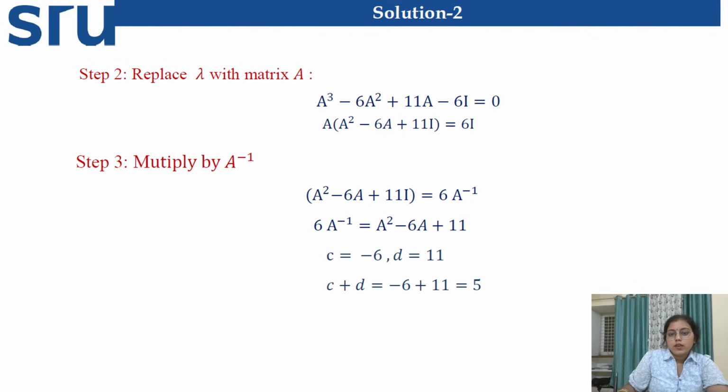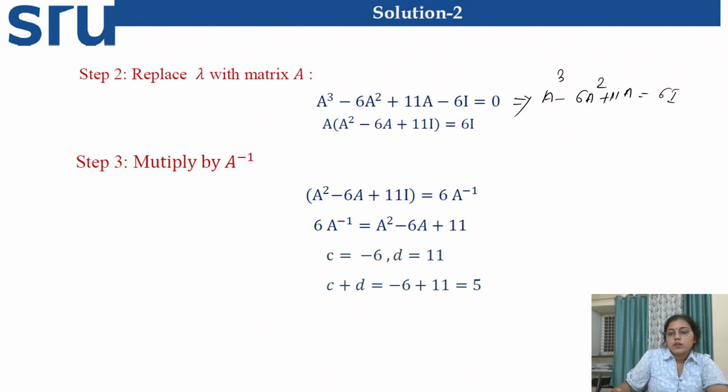So you get A cube minus 6A square plus 11A minus 6I equal to 0. Now you can do one thing. Write A cube minus 6A square plus 11A equal to 6I.